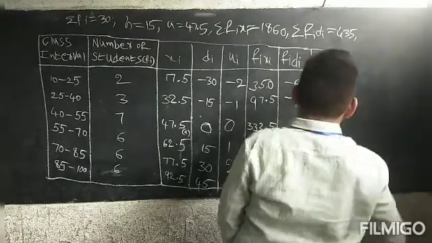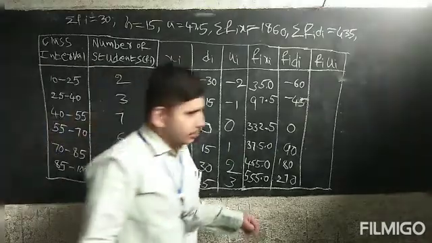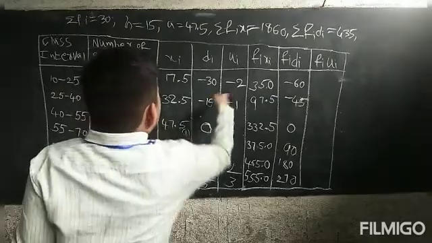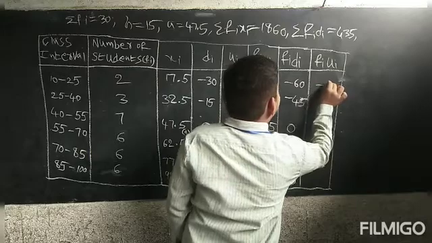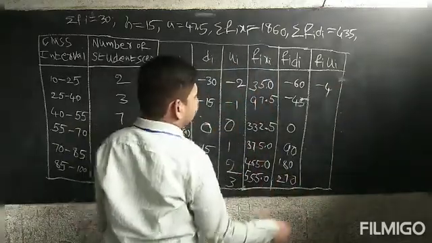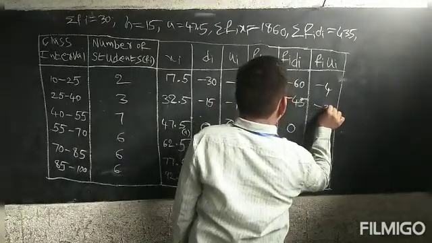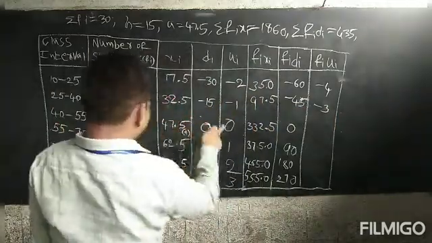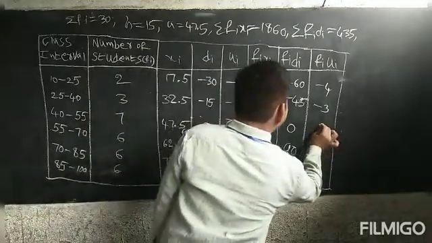Okay, now sigma fi. 2 into 4, 8. 4 minus 4. Now 3 into 1, 3. Minus 1. Minus 6. 0 into 0, 0.